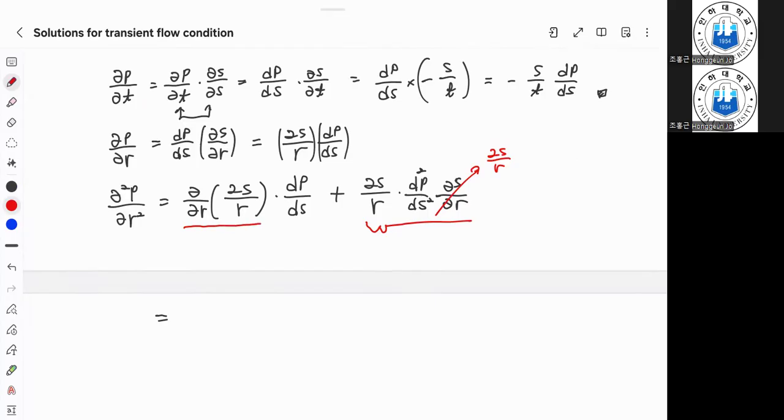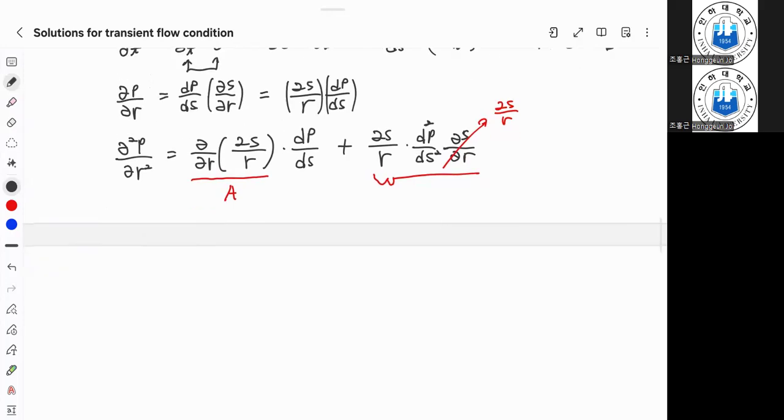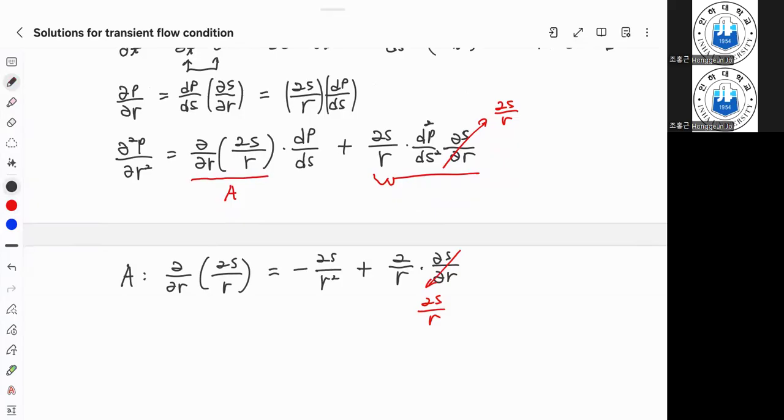So let's say this one as A. So I'm going to solve this A. This is equal to minus R squared 2s plus 2 over R times partial S partial R. And we know this is equal to 2s over R. So what we have here is equal to 2s over R squared.